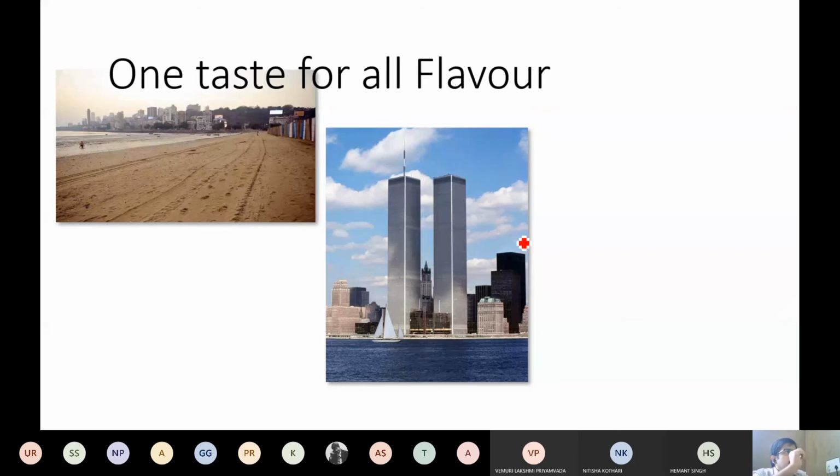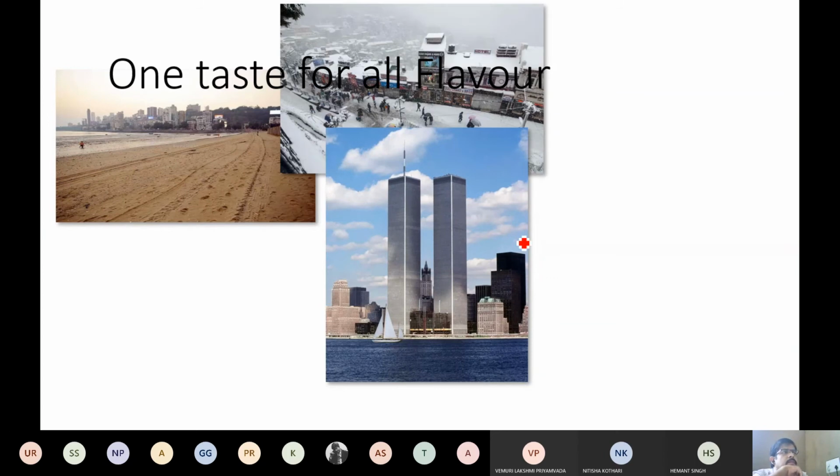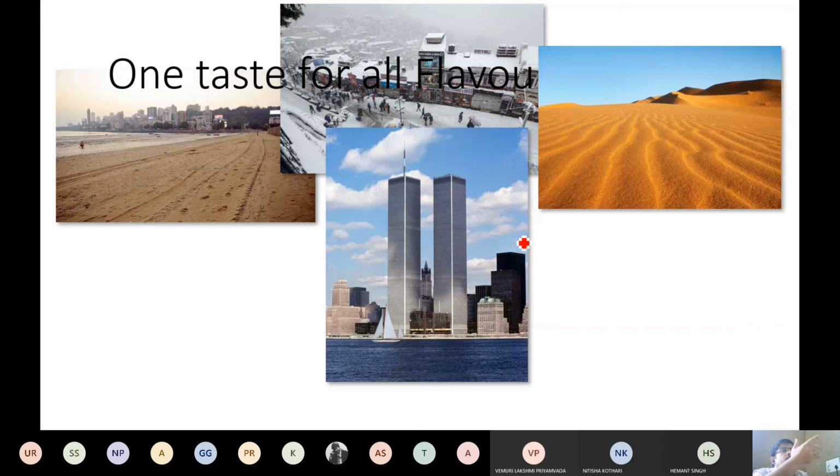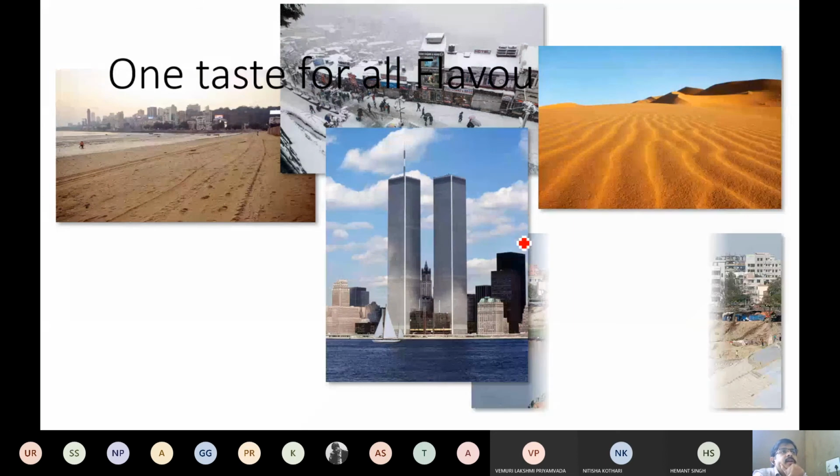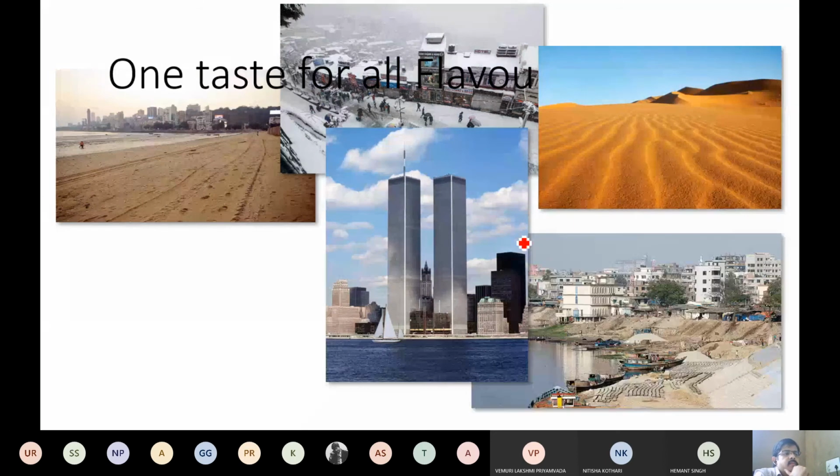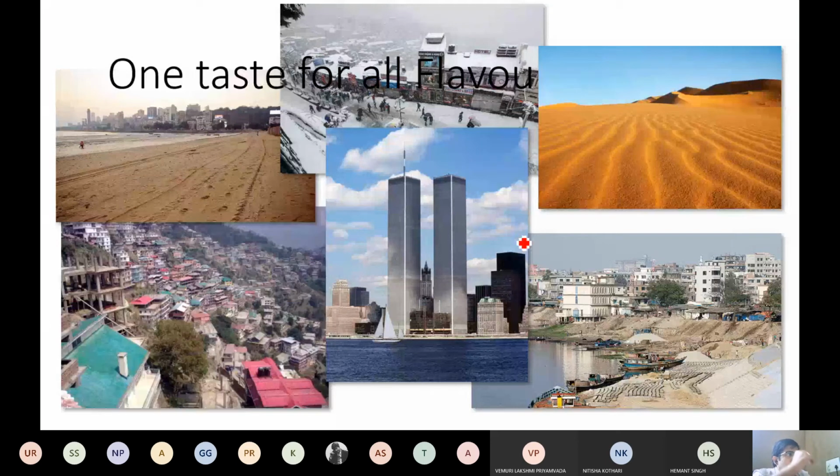This same building can be placed almost anywhere, be it on the beach in Kerala, in Shimla, in the Thar desert or any desert for that matter, near a river if the bylaws permit, or on hilly terrain if the structure permits.